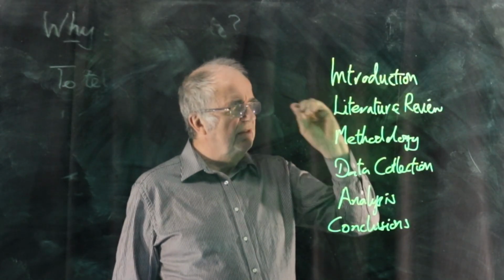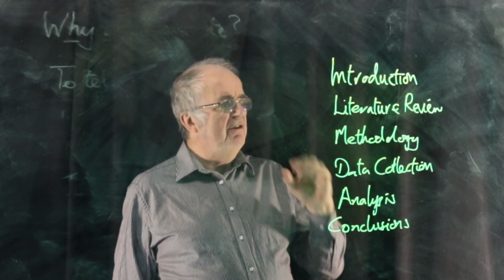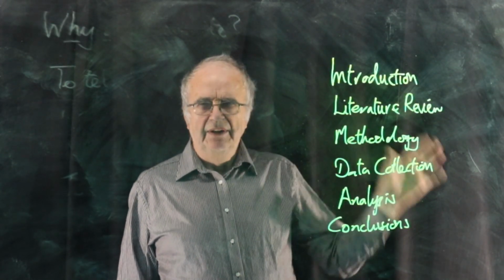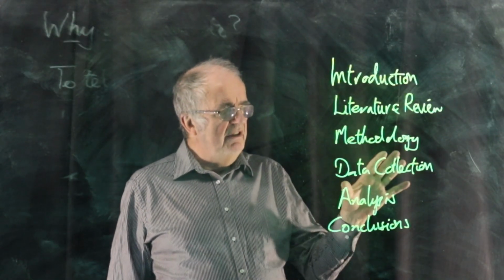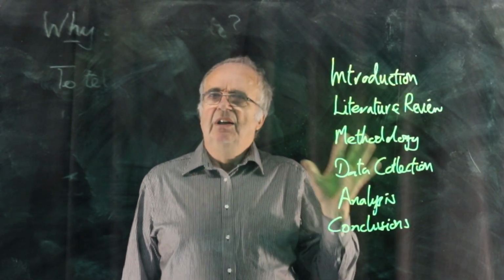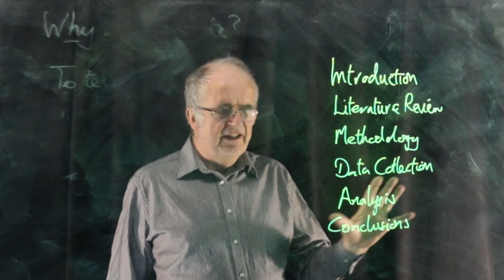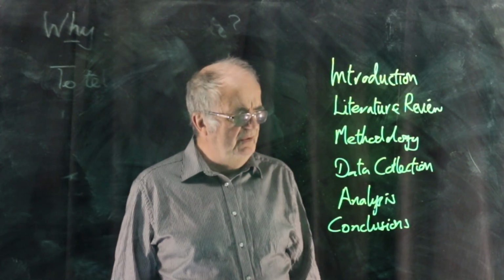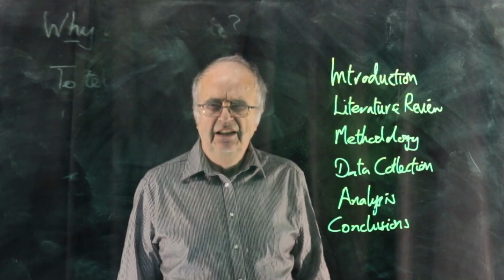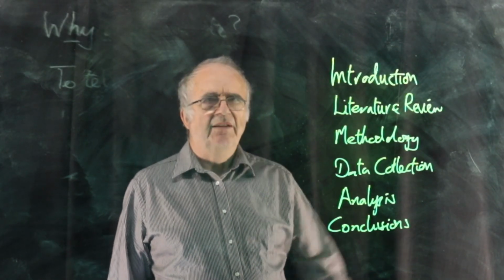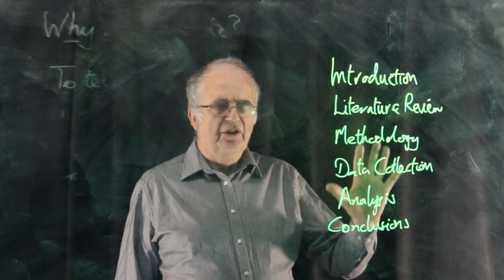You'll have an introduction where you introduce your topic, you'll have a literature review, a survey of the literature, a methodology chapter that sets out how you've thought about the philosophical implications of your work, data collection about what evidence you've collected, analysis, conclusions and recommendations, and you've got a complete work.